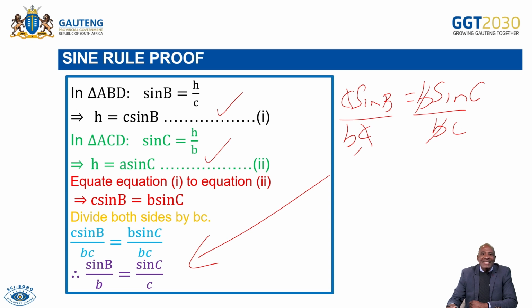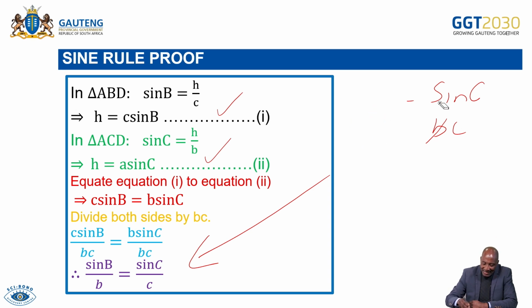The whole idea is to separate these variables. The B's must be on one side and the C's must be on the other side according to the sine rule. So how do I convince the next person? I'm going to redo the question with you using another approach so that you can see how else you could have done the same question without necessarily finding the common denominator.